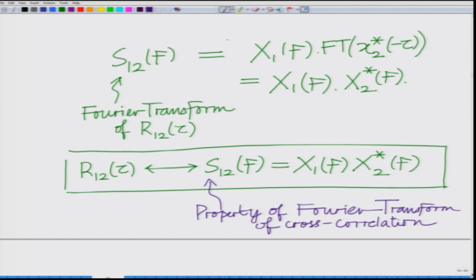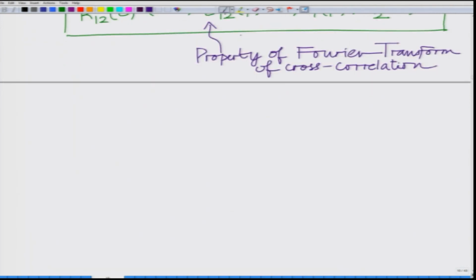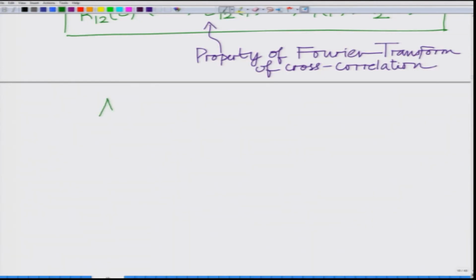Now, we are going to consider a special case of the cross correlation, that is the autocorrelation. If I replace x2 of t by x1 of t itself, it characterizes the degree of self similarity of the signal x1 of t for a lag of tau, and it becomes the autocorrelation.